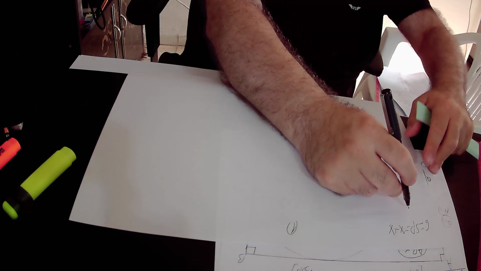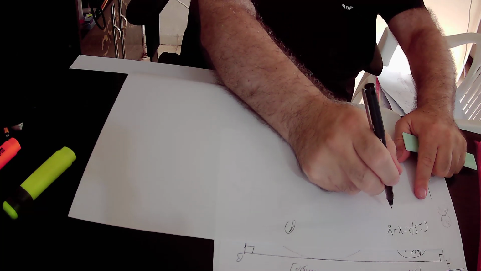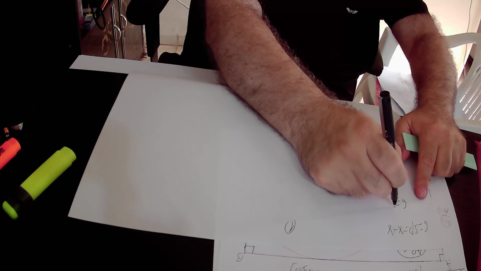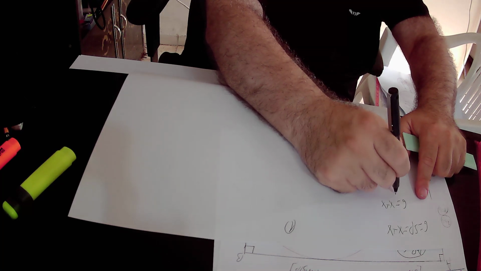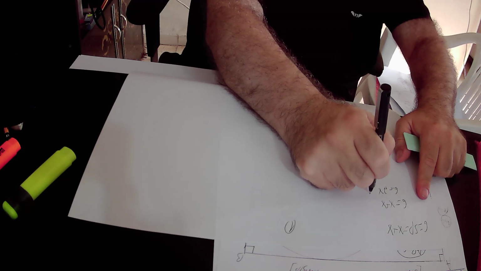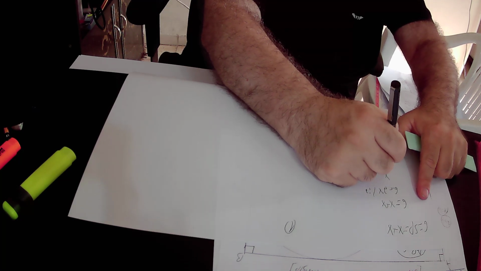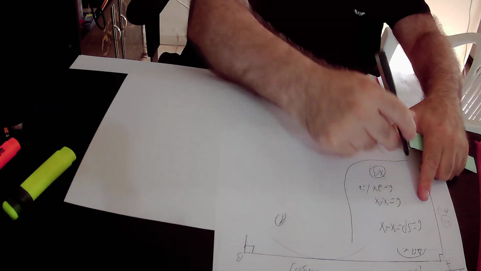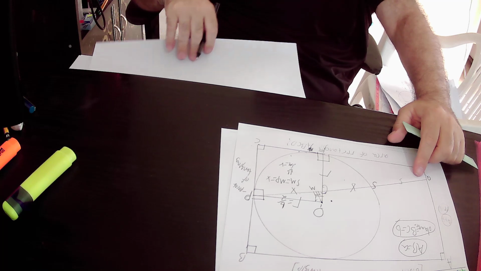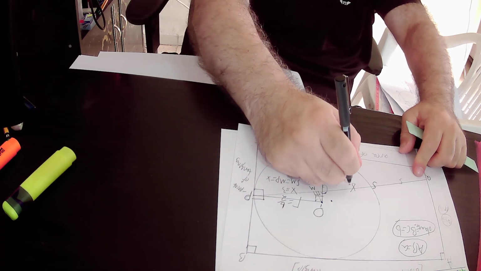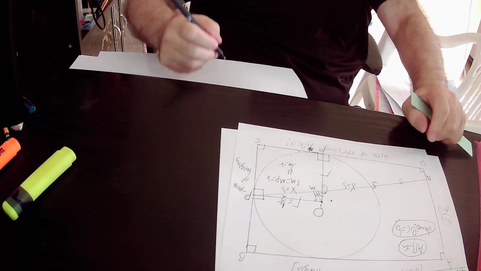So from the equation SP equals X plus X, we derive that 6 equals X plus X, that is 2X. We divide this equation by 2 and we get that X equals 3 units. So here X equals 3 units and here also X equals 3 units.